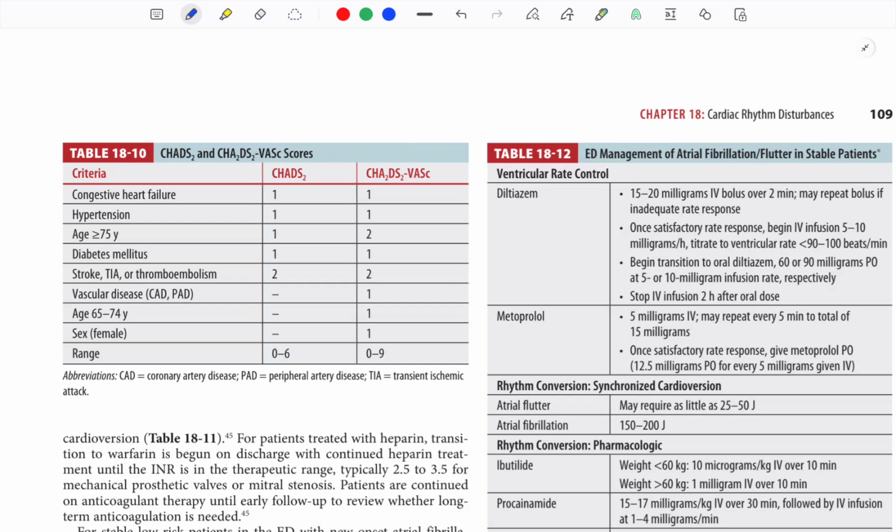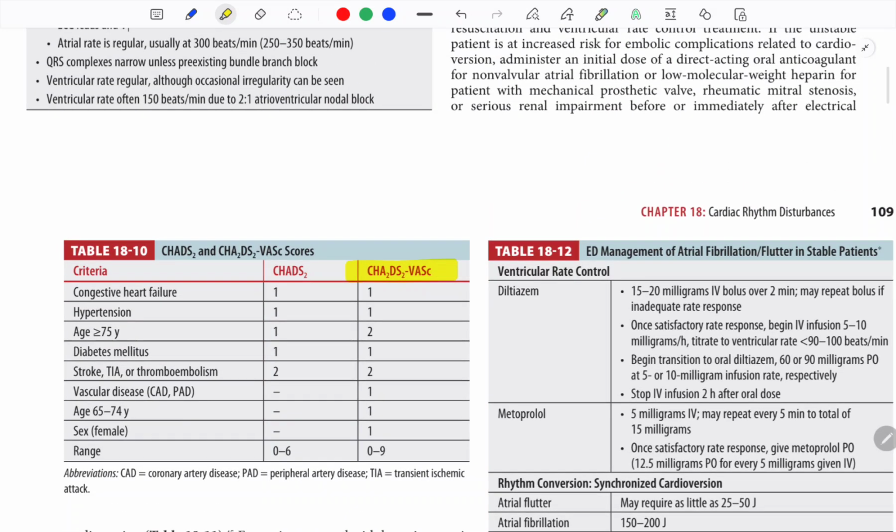Now, a very important score, CHA2DS2-VASc score. In CHA2DS2-VASc, the ones with a 2 next to them get 2 points.